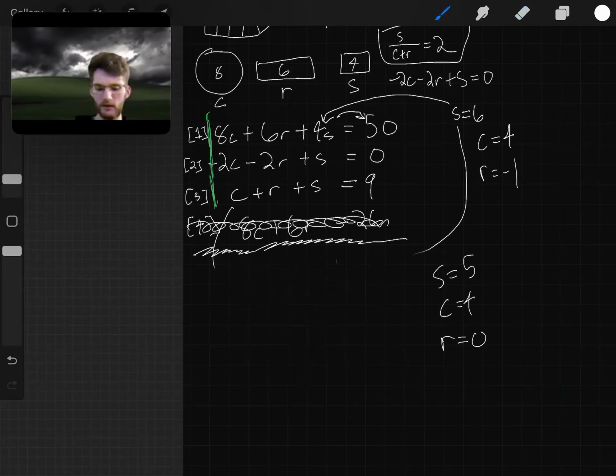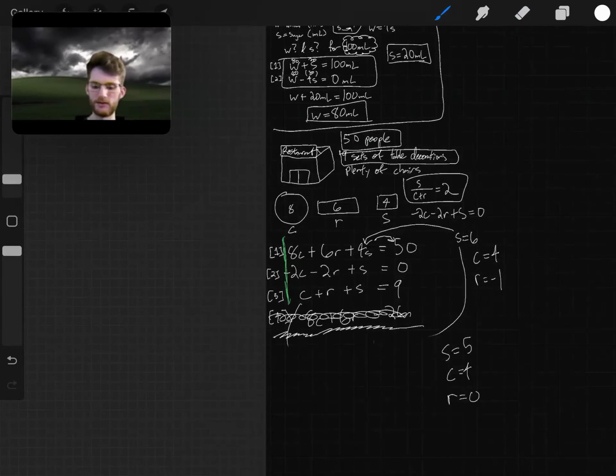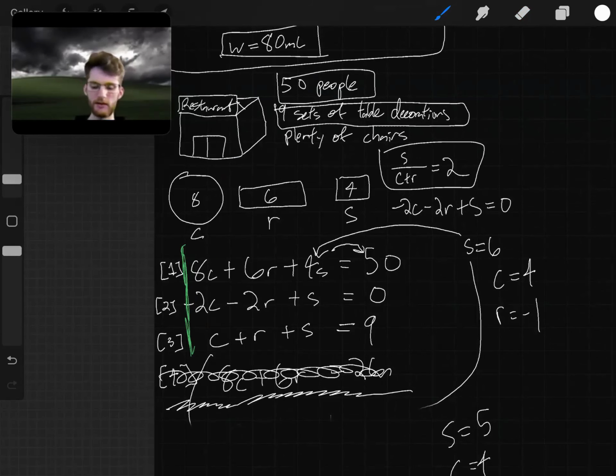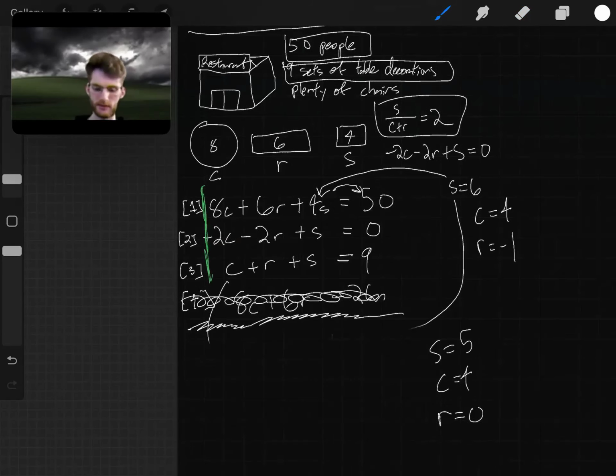So if you look into equation 3, this solution is satisfied. That matches the 9 sets of table decorations I want to use. So 3 is all good.